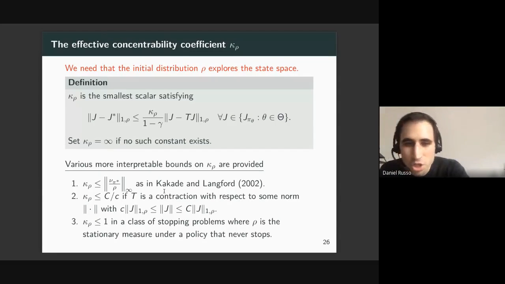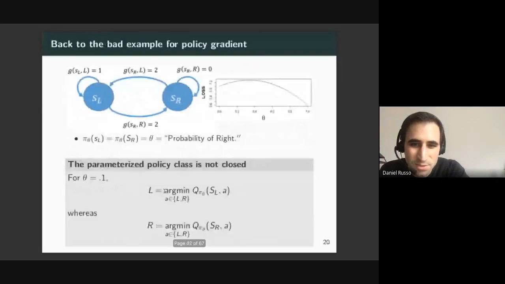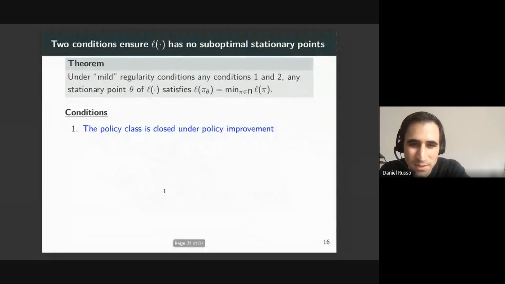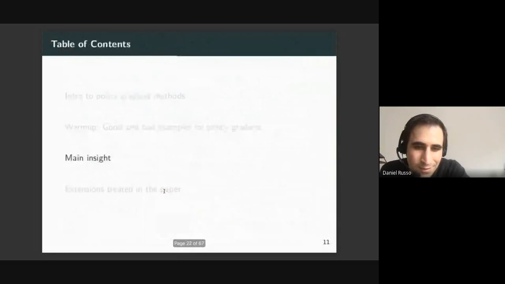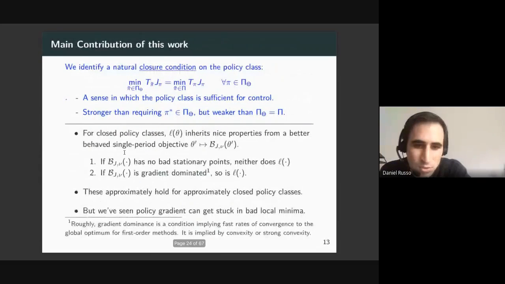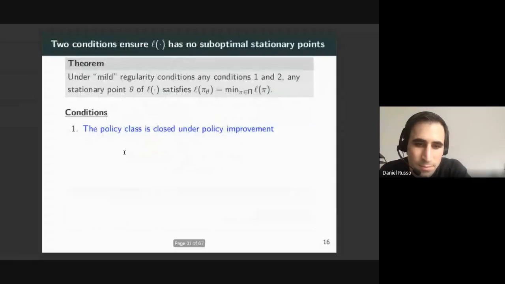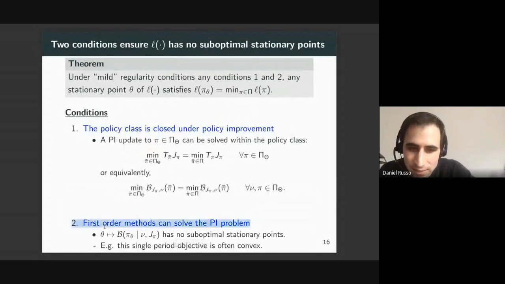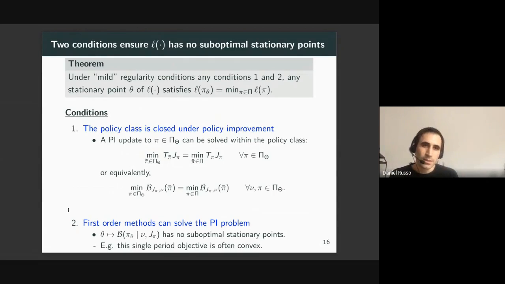Now, one challenge we ran into, and maybe this is getting too into the weeds, but it's question time, is that for things like threshold policies in optimal stopping, you cannot move along that line segment. And that's what led to something more like this second condition here for showing the quality of stationary points. So basically CPI would not handle something like threshold policies.